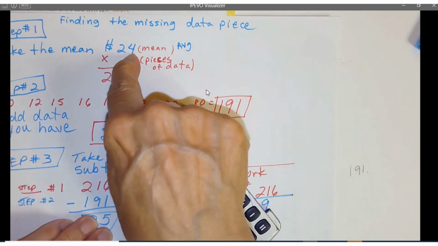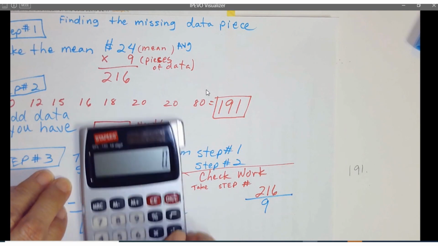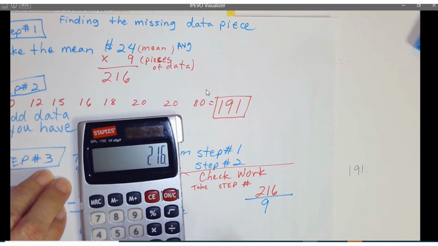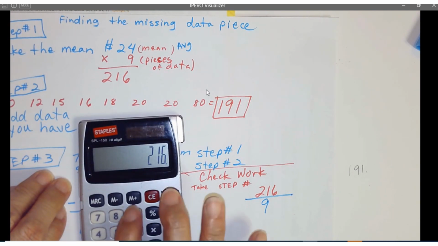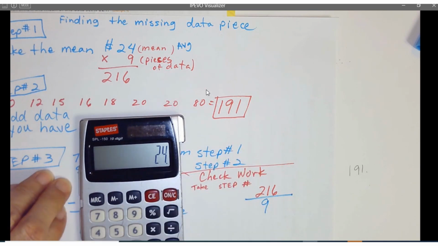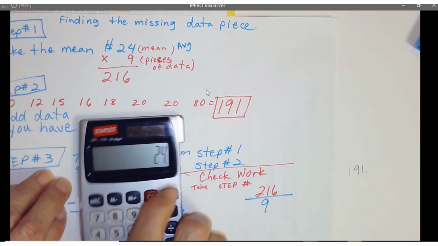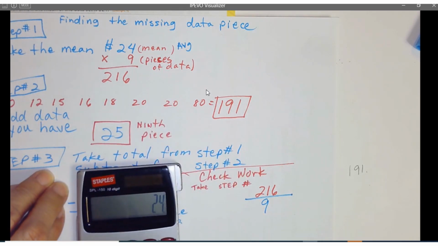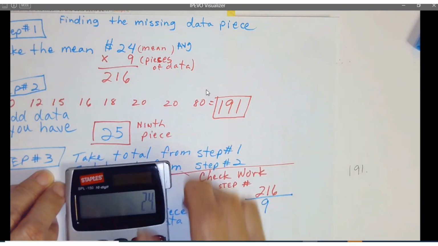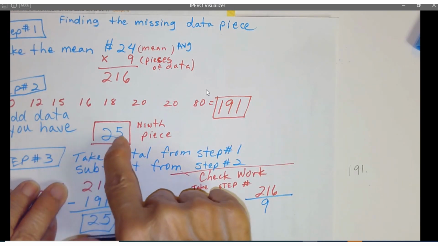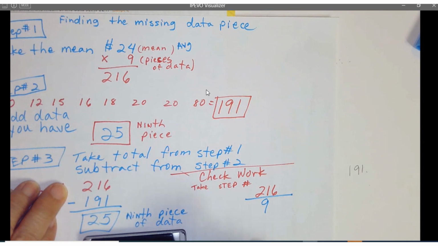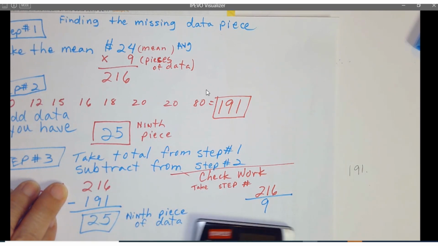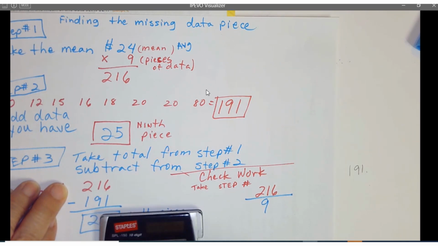And let's see if we get this mean that they said it should be. And there it is, 24. That's how we know that this 25 is correct, because we totaled all of them. Okay?